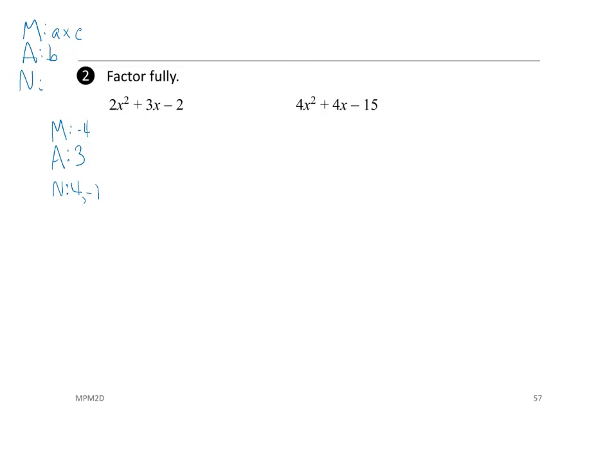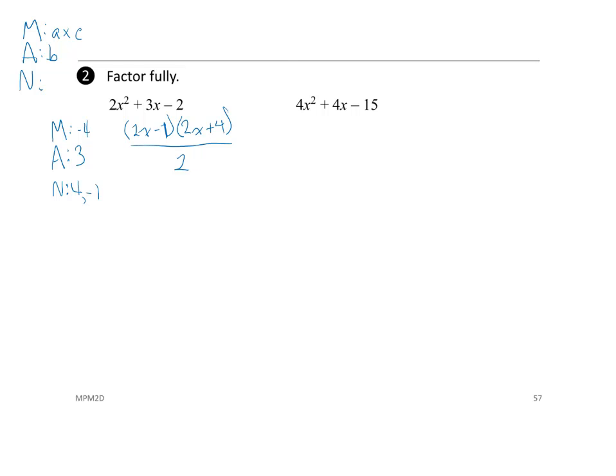you actually take your a value, and once you factor it, I will have 2x minus 1, 2x plus 4, all over 2.